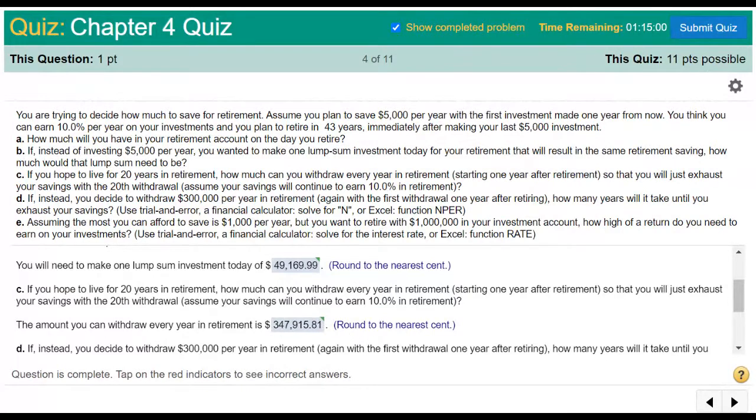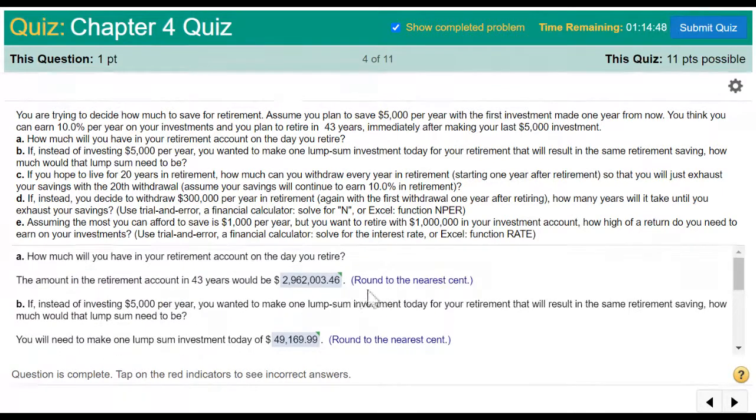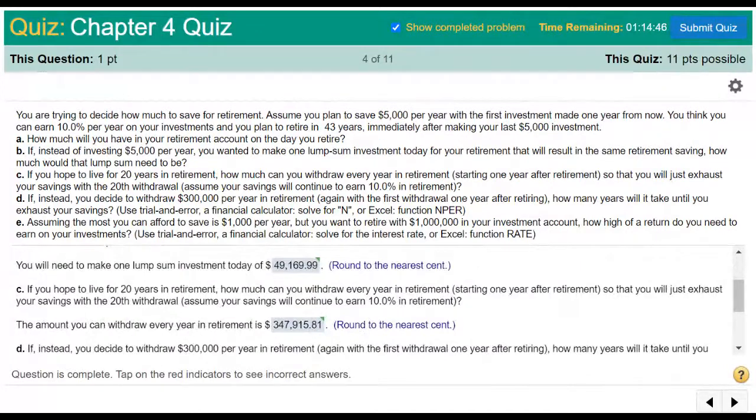Here on C, N equals 20. It wants to know if you take 20 payments of this, how much are you going to be getting? So here we're going to be solving for payment. N equals 20, because right here we have the amount of time. We know the interest is 10%, IY is interest.